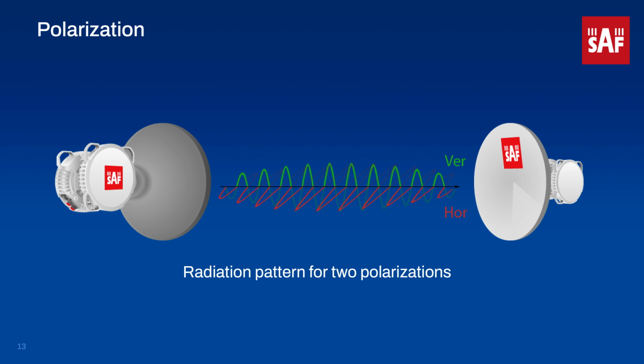Another RF parameter which we can verify using the Spectrum Compact and the horn antenna from the ground level is the polarization of the radio links. Since radio links can work in both vertical and horizontal polarizations, it's sometimes necessary to verify which one exactly.